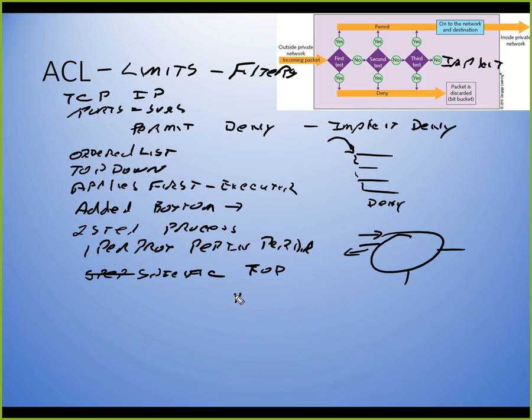We have an IP address, so we went in and did deny this IP address, access list, whatever it was, and applied it to the interface that they were on.